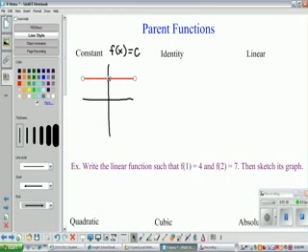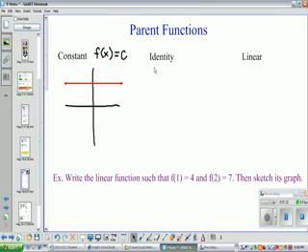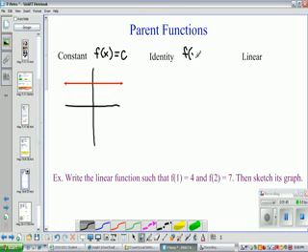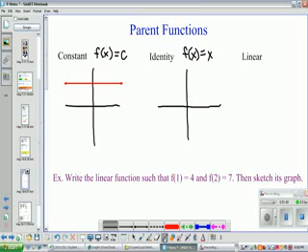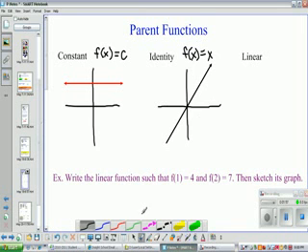The next one that we're going to talk about is the identity. The identity is the function f of x equals x. And remember, f of x is the same as y, so we have the xy axis. What we have is a line that's y equals x.